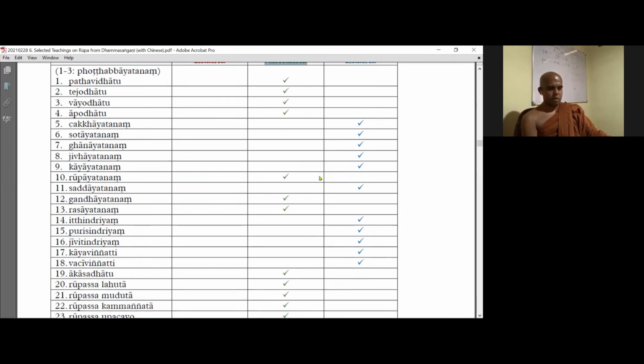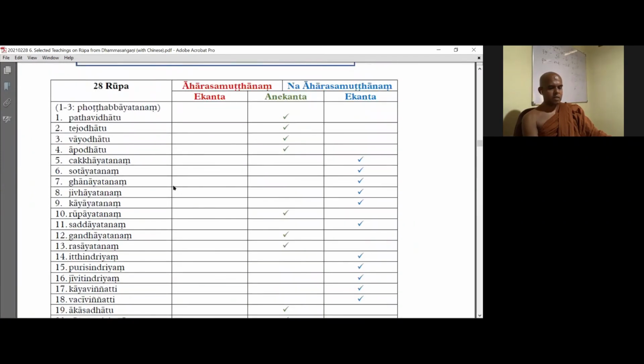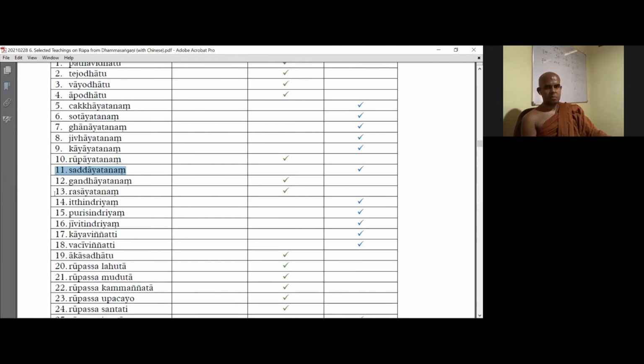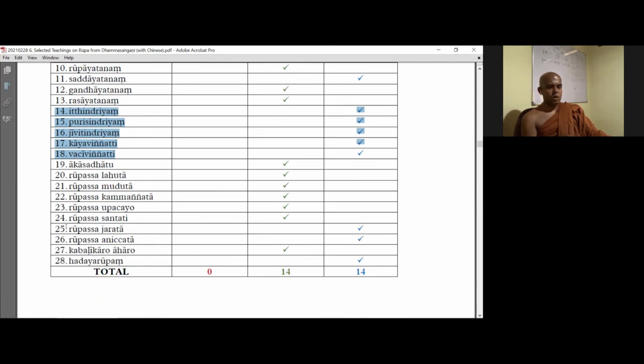Better you read: there are 5 pasada and the sound rupa, and 3 faculties, and the 2 vinyati, and jarata, anicchata, and heart base. Those 14 rupa we call no Ahara Samuttana Ekanta rupa, definitely included in the no Ahara Samuttana group.